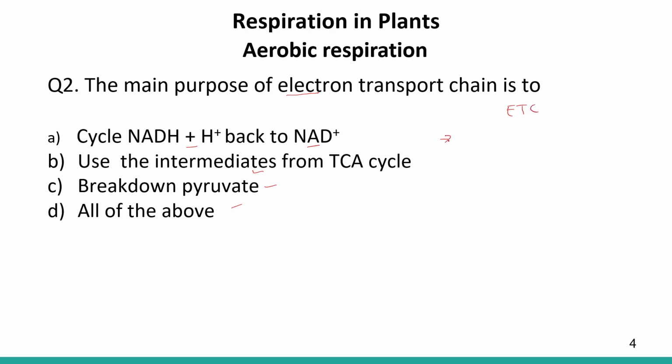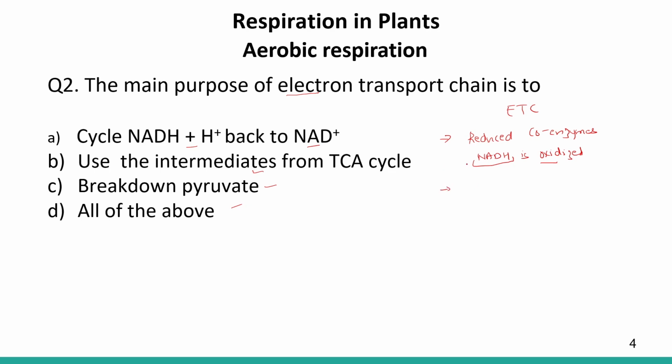During the electron transport chain, the reduced coenzymes such as NADH are oxidized. NADH will release electrons, that's why it is oxidized. Gaining of electrons is reduction, whereas loss of electrons is oxidation.